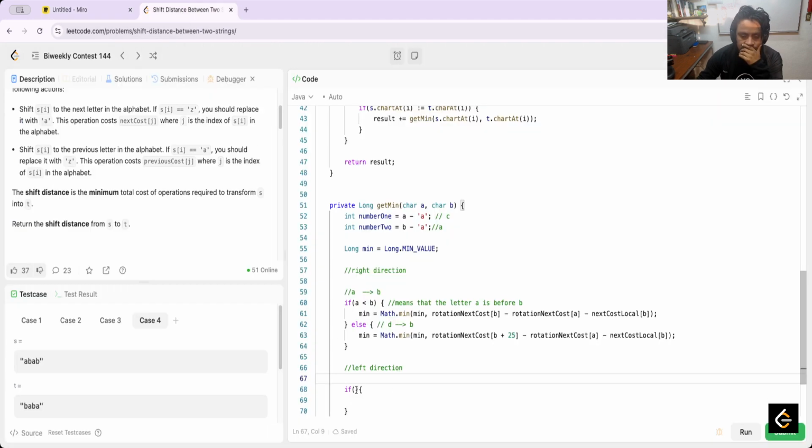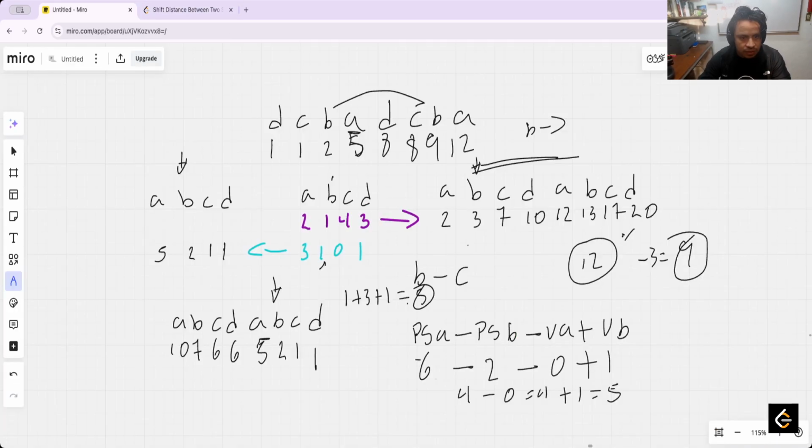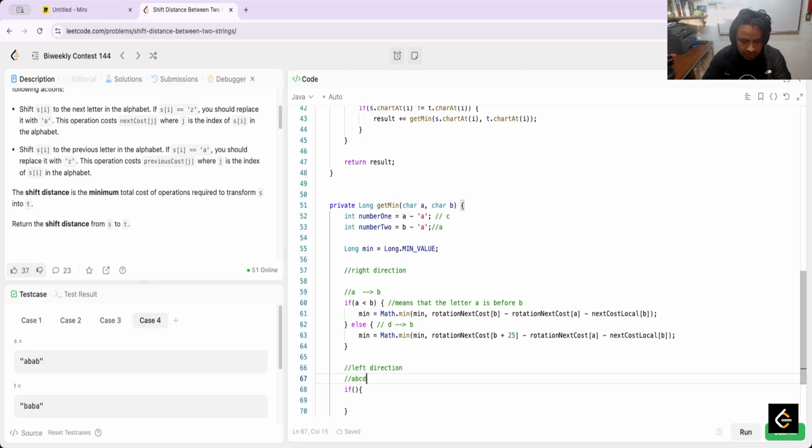In this case, for example, ABCD, ABCD, ABCD, ABCD, and we are starting here.